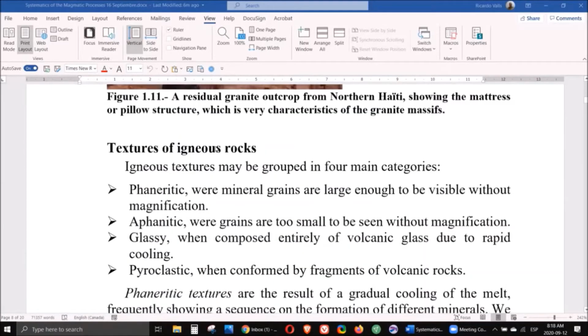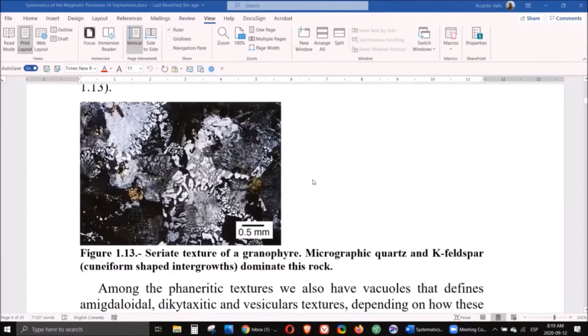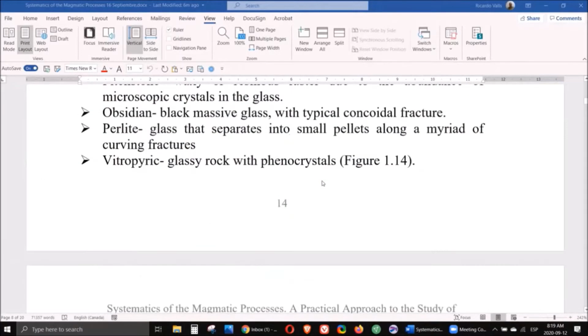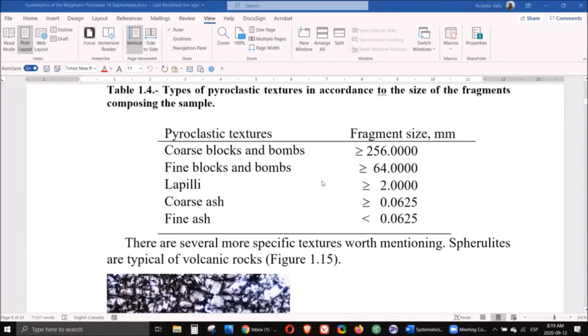Then we talk about the textures. And as I mentioned before, there will be an appendix in the book with a flowchart that will allow you to identify all these types of textures in the rocks. But again, every texture will have pictures, which will help you identify those in the lab and in the field.